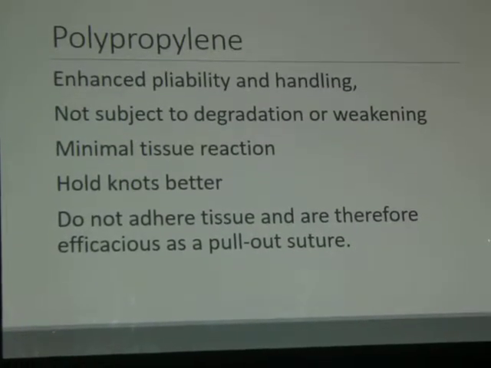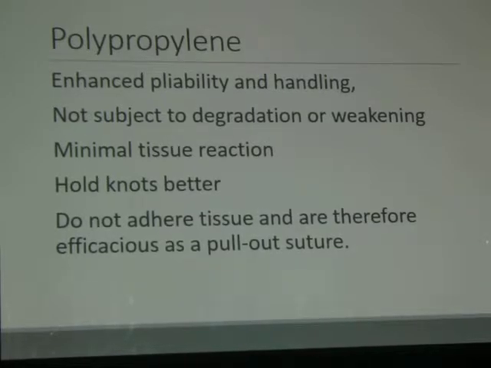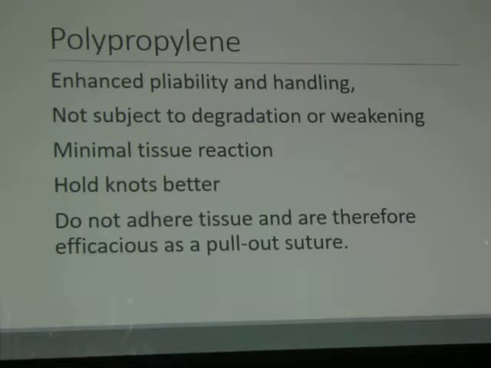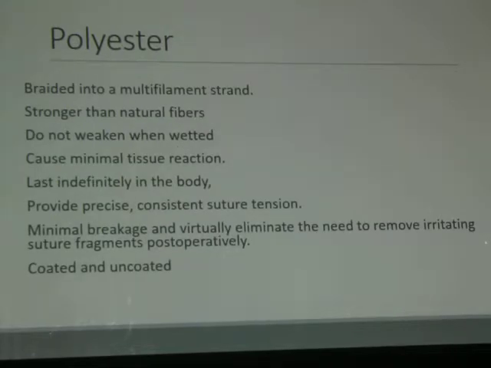Polypropylene is the same as nylon, but it has some better properties. It does not adhere to tissues, so it is good to maintain things and prevent stretch. Polyester is usually braided, and so if we need a non-absorbable braided suture, I would rather use a polyester rather than nylon.